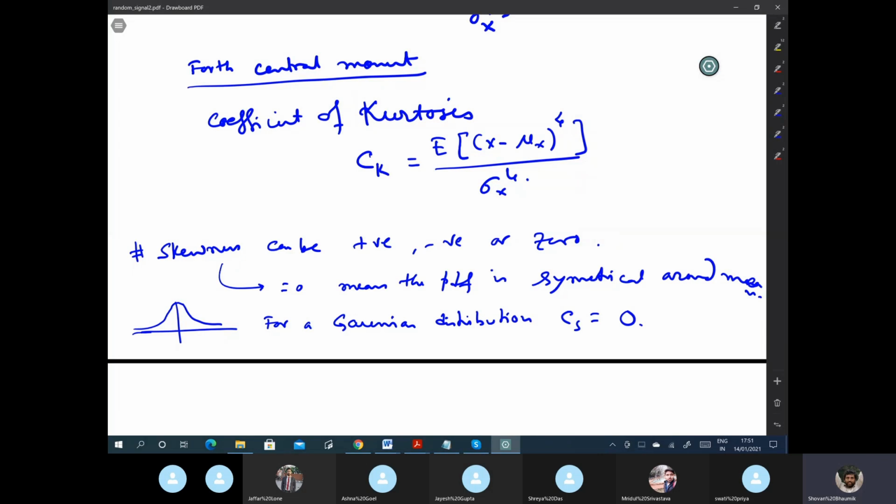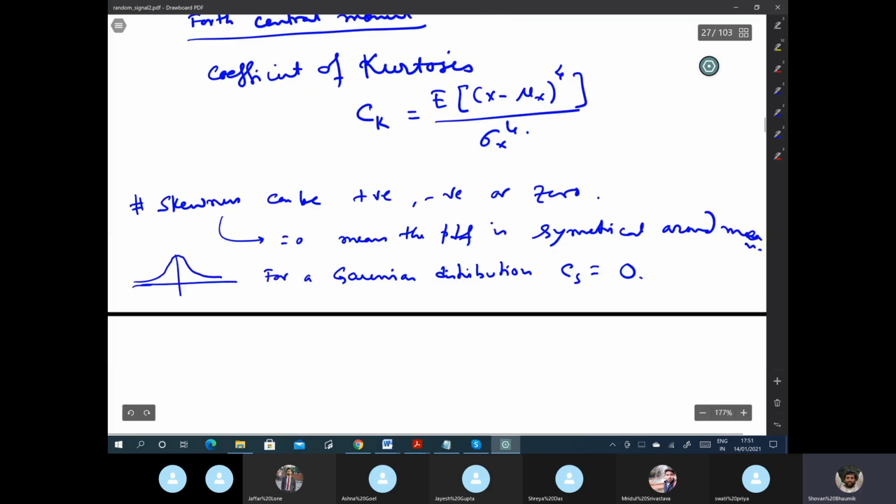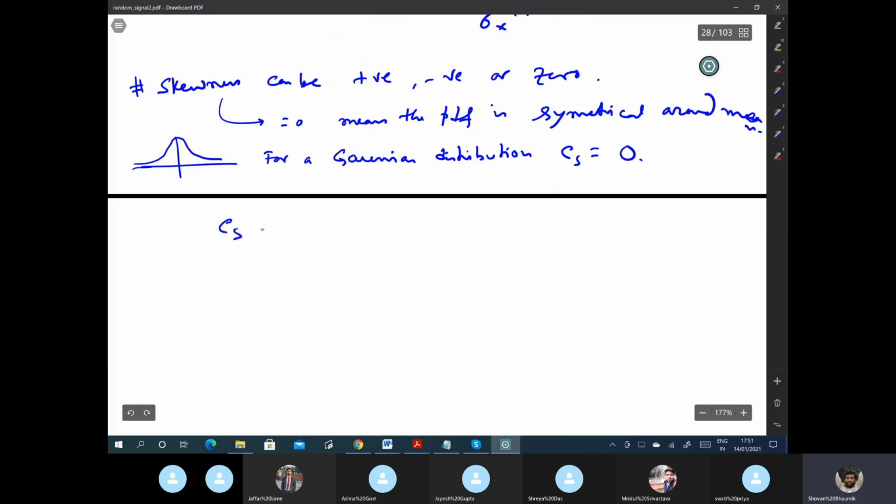Now, what is the meaning of positive and negative? If C_S is positive, it means the PDF is skewed to the right of its mean. Skewed means a long tail, to the right of its mean.